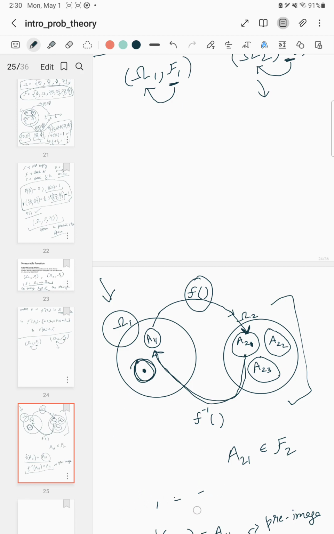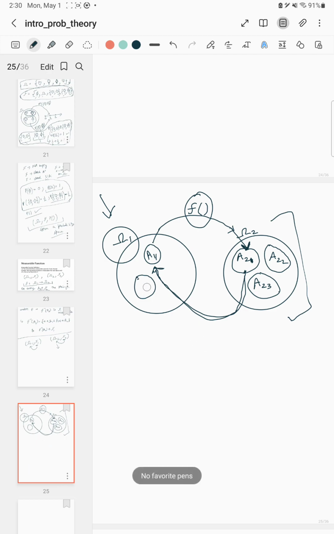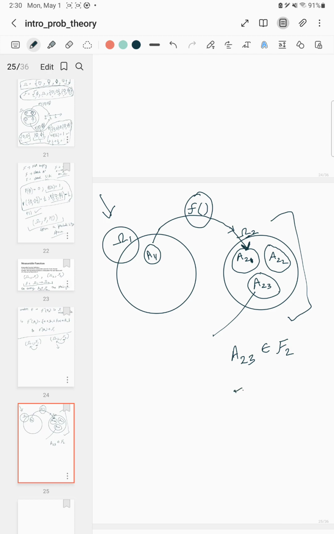Let's see how. Let's say I take any set present in the sigma algebra F2, say A23. So A23 is present in F2, where F2 is a sigma algebra on omega 2, and we take its pre-image back to omega 1. Let's say there is some set which satisfies this condition.